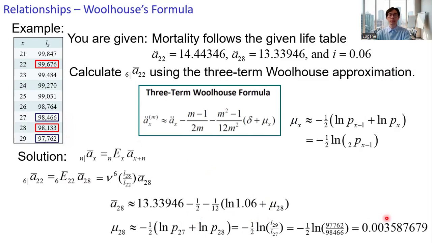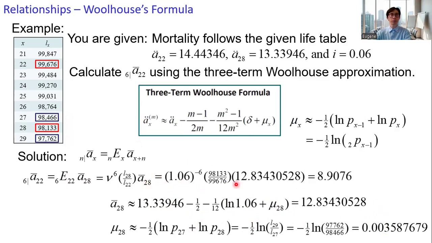We get mu 28, and then we can get A bar 28. Substitute into the very first expression, and then we get the answer, 8.9076.